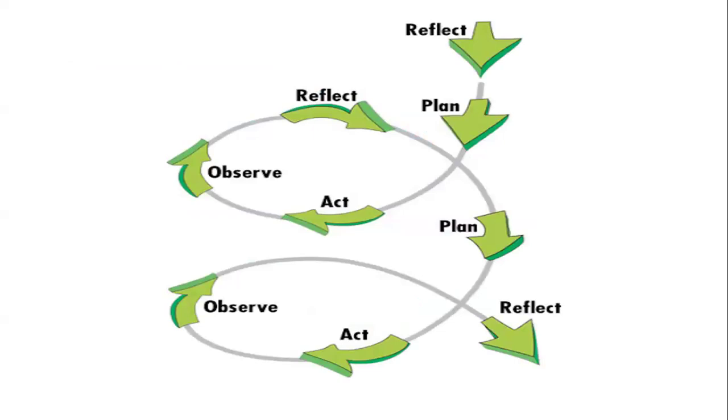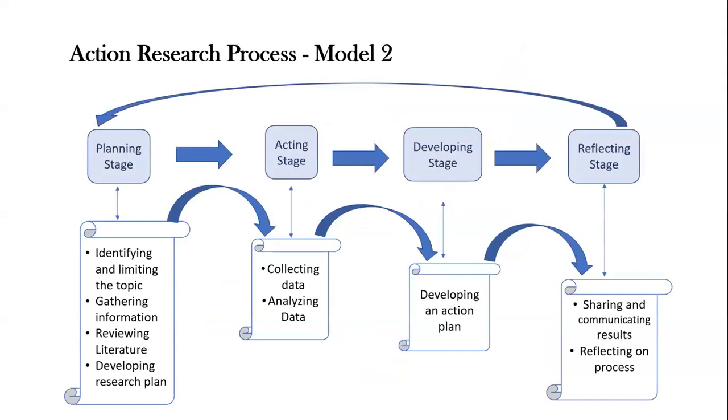Again reflect, planning, acting, observing, reflecting. Again planning, acting, observing, reflecting. So it's a spiral that goes on until everybody becomes successful in their weaknesses. Until they all come to a competence level, we do these activities continuously, right? Okay.